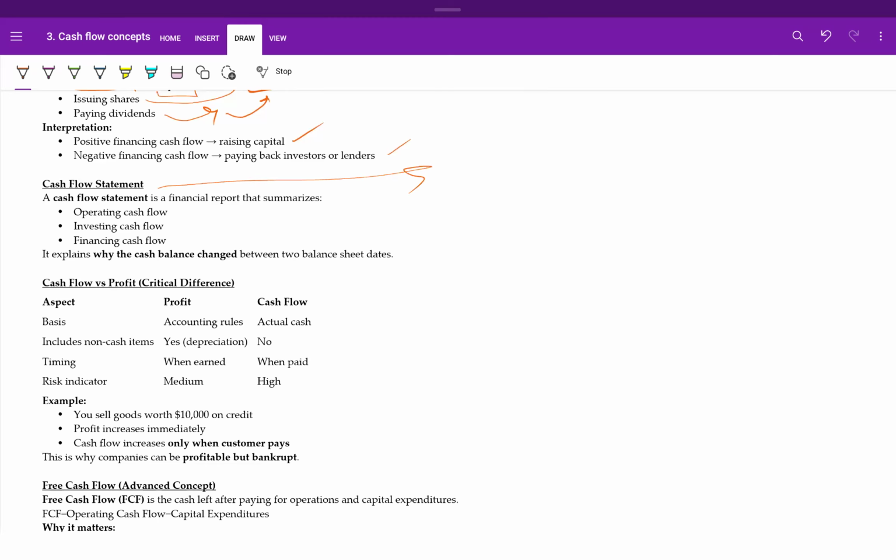The cash flow statement starts from net income. Then we add back the non-cash expenses. Then we adjust for changes in working capital.